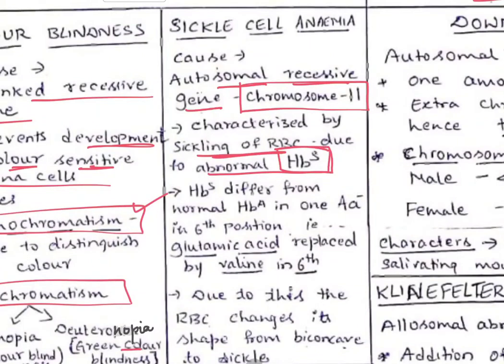This HbS differs from normal HbA in just one amino acid in the 6th position. That is, glutamic acid is replaced by valine in the 6th position. Due to this replacement, the RBC changes its shape from biconcave to sickle.